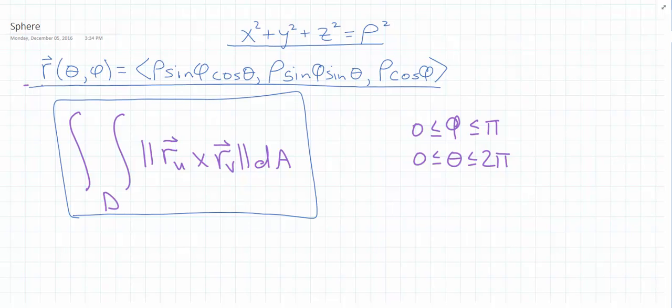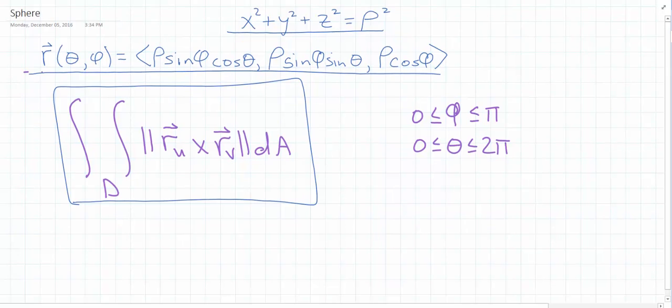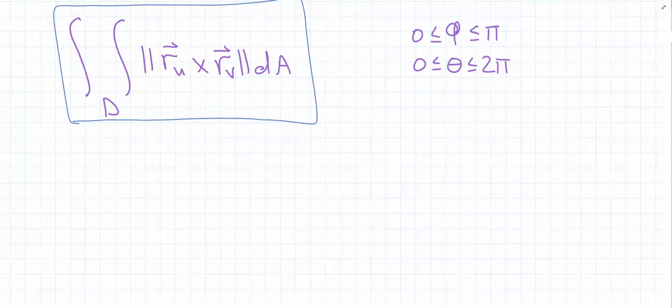In my case, I don't have u and v, I have theta and phi. So what I need to do is find those partials. That's the first order of business. First, I want to find the partial with respect to theta.